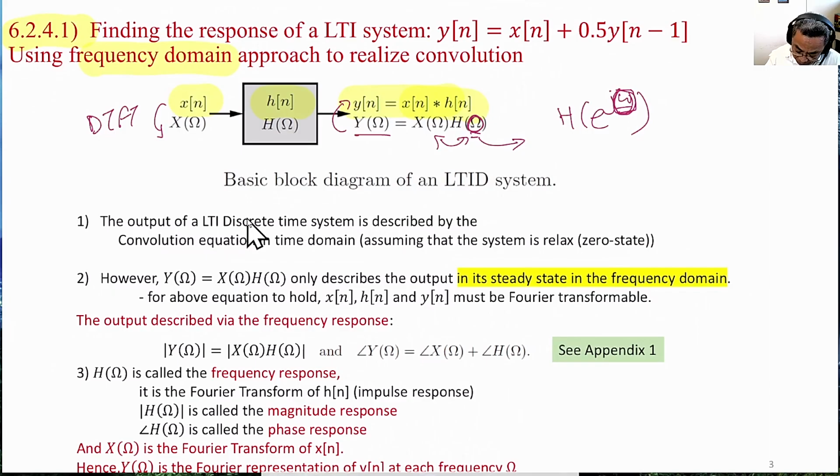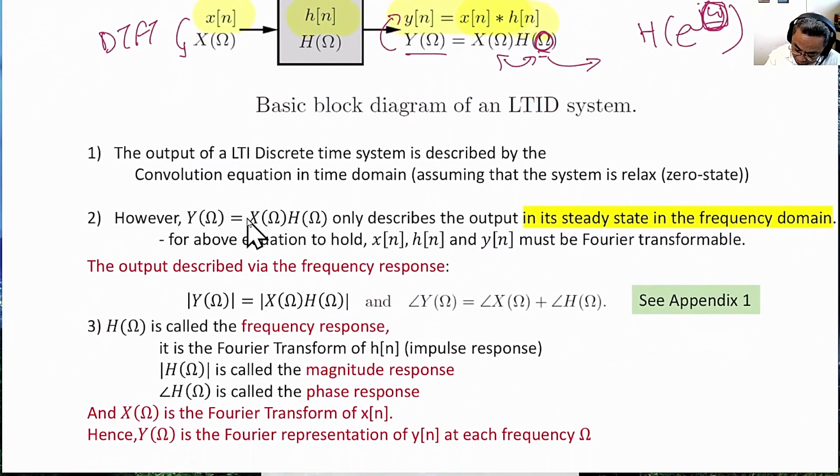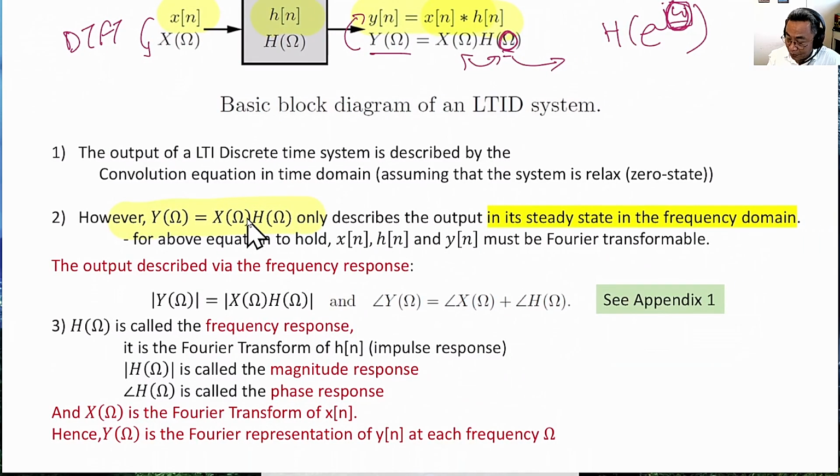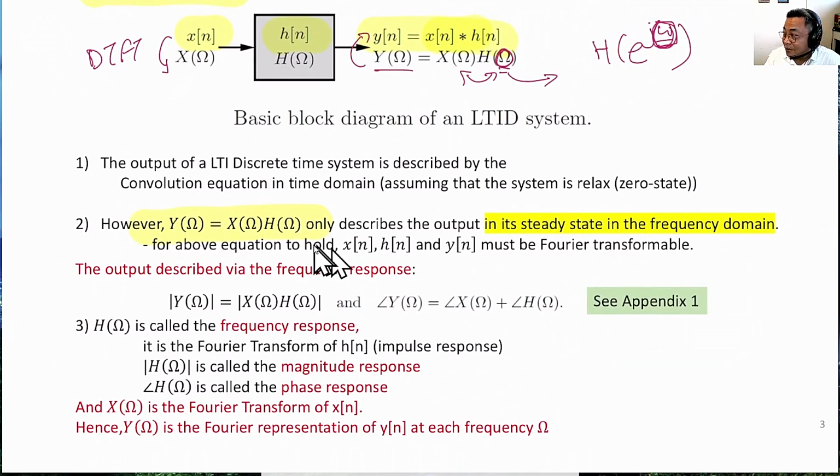Now, please be aware, if we are going to use this equation to describe Y of omega, then you must realize that Y of omega is describing the output only in the steady state form. So if you ever need transient analysis, you cannot use the Fourier analysis. We'll show you the difference very soon, but let's proceed with this understanding.